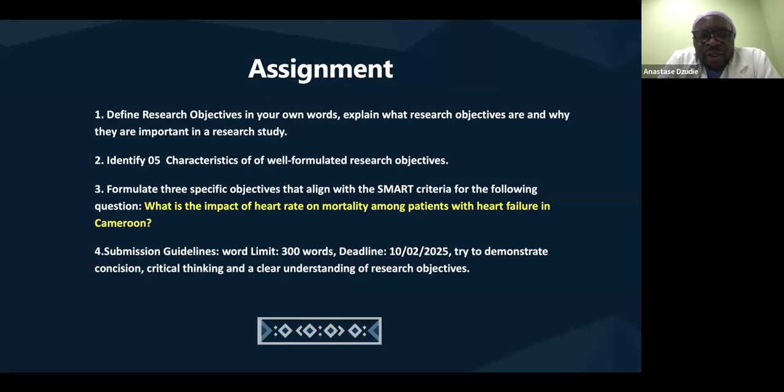So please don't go above 300 words. Ensure you submit before a week, and please try to stay very concise, to think critically, and to ensure that the objective you will formulate really obey to the SMART criteria.